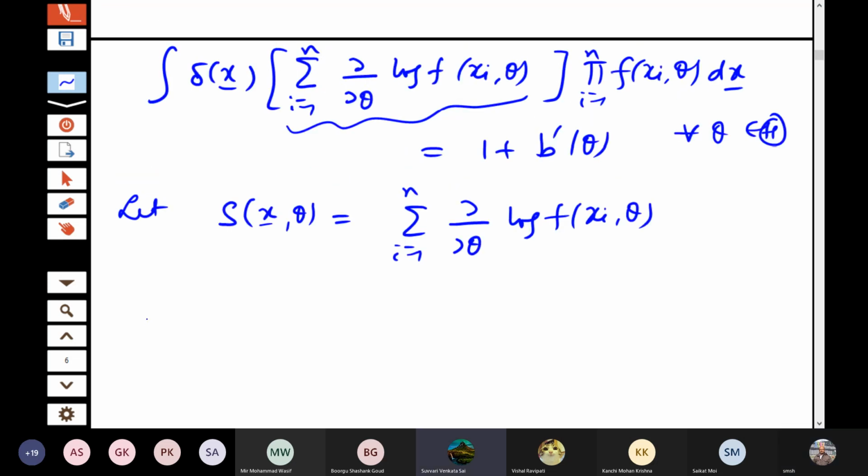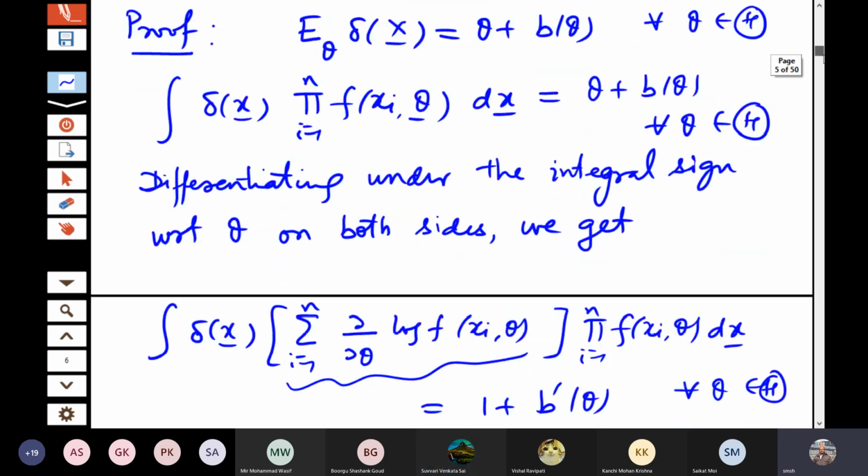Sir, can you tell why that log term comes? So you have the derivative here of this particular thing. For example, if I consider the derivative of f(x1, theta), I will get del f(x1, theta) by del theta, isn't it?